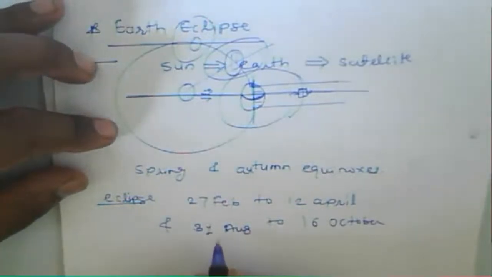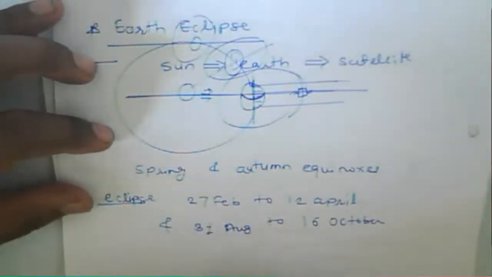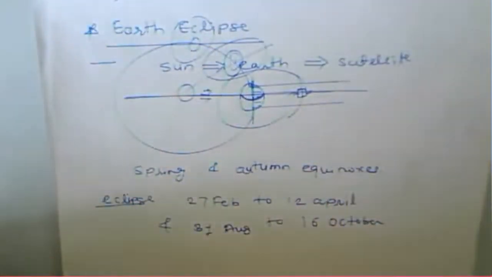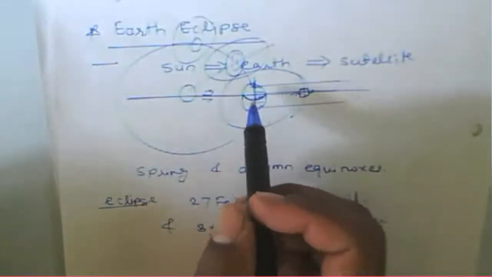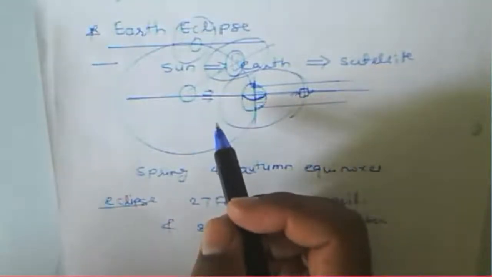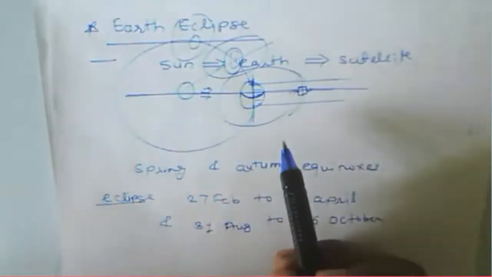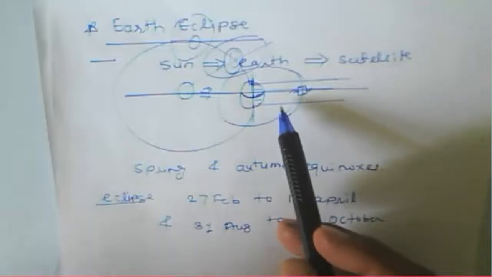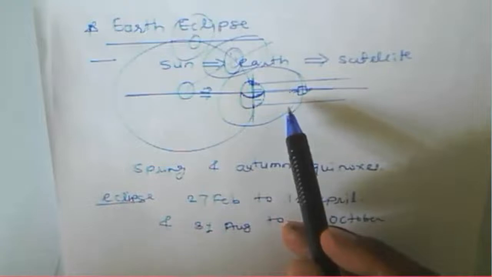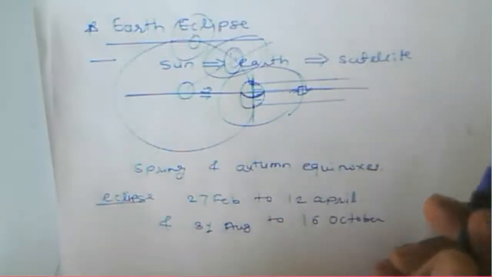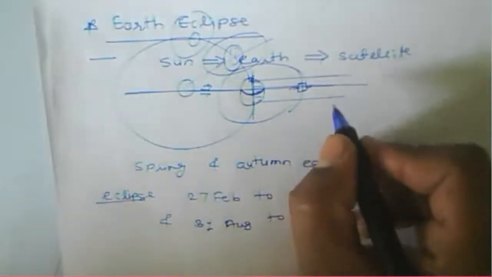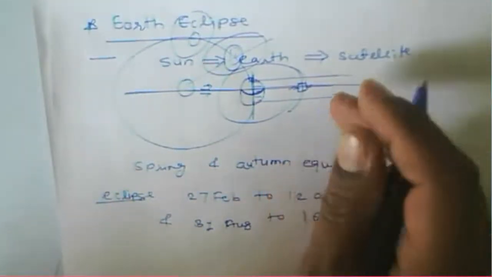So the eclipse occurs, and the duration of the eclipse depends upon which orbit the satellite is present in. If you consider a geostationary satellite, then the eclipse will be for 10 minutes. The maximum duration for this eclipse is about 10 minutes.